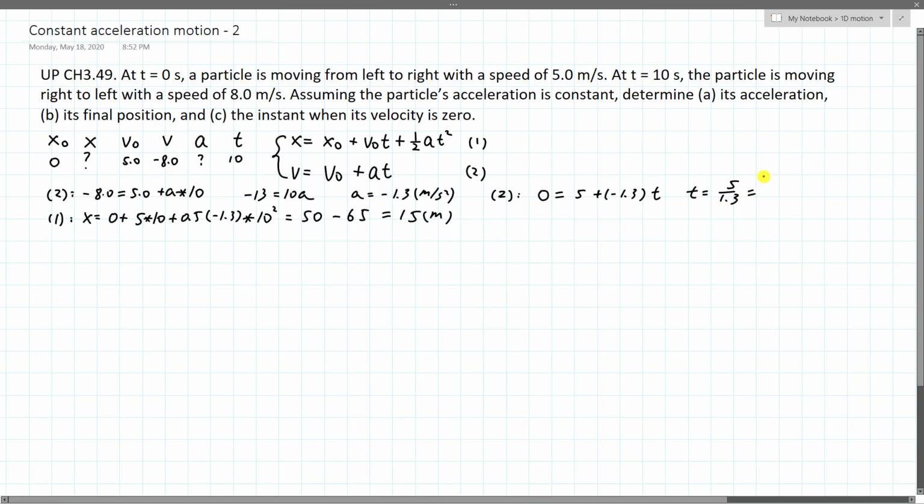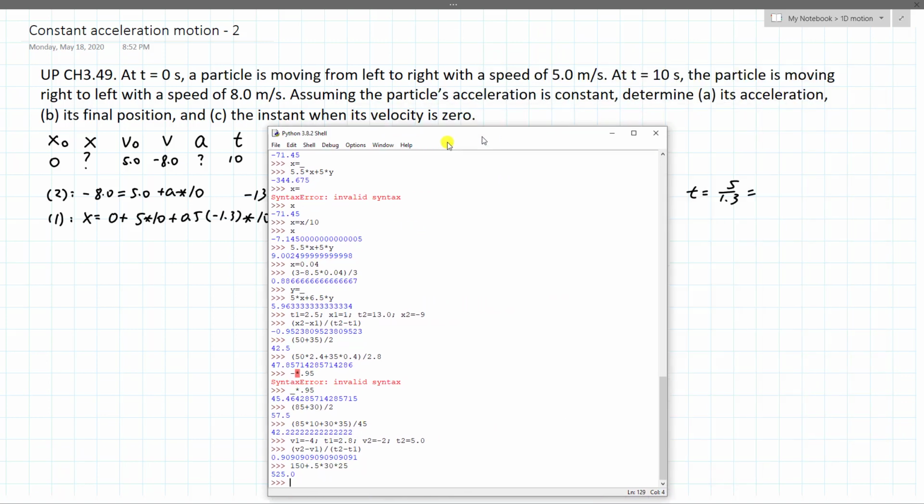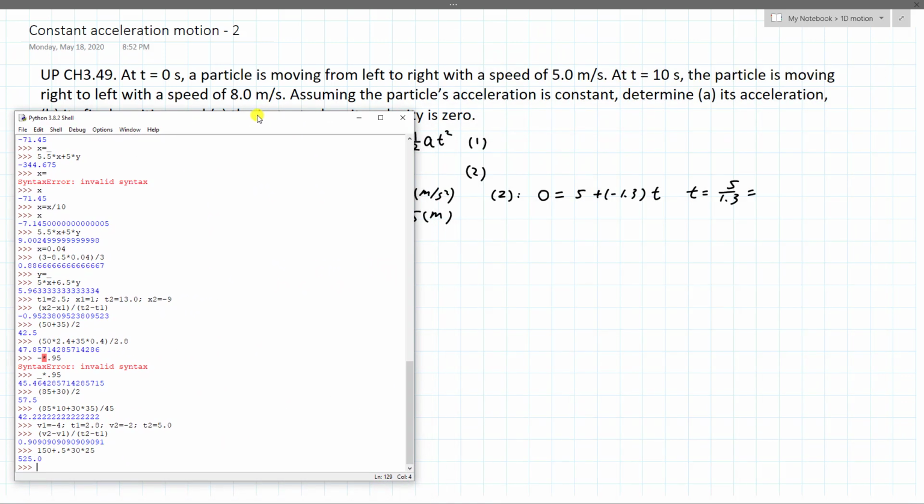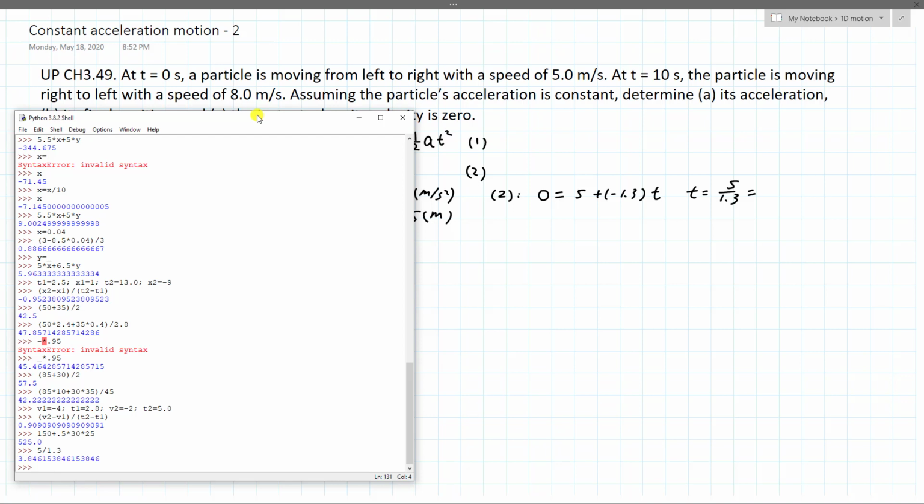Okay, so let's bring up our calculator, our Python. So 5 over 1.3, we have 3.846 and so on. And we know we're supposed to keep how many decimal places. I think it's 2 places, right? The 5 is actually 5.0, the 1.3 was also coming from that, the 5.0 minus 8.0.